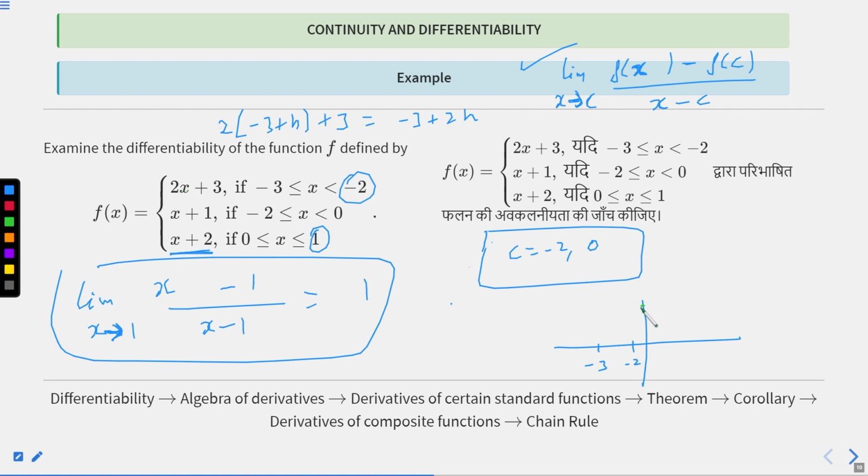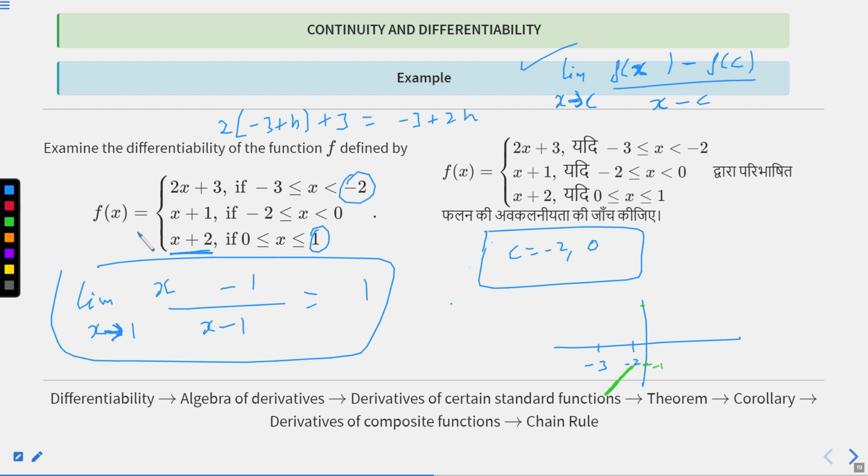If y is 0, then x will be minus 3 by 2, which is minus 1.5, somewhere here. In this interval your graph will be like this. At minus 2, it will be minus 1.